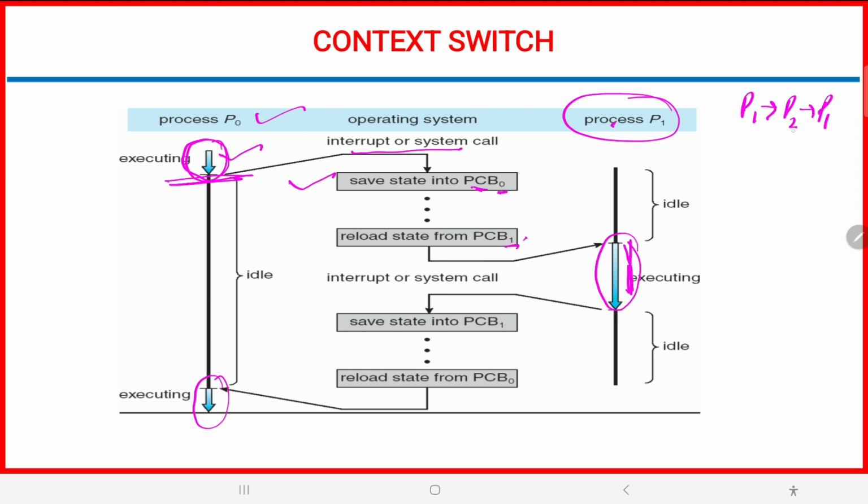Then again, suppose the control was transferred. That means we have to save the state of this process first. So we have saved the state of this process first. Then because P0 was to execute, we need to reload its state so that now CPU can work with P0. So if you see, during this phase, as well as during this phase, the context switch was going on, and during this phase CPU was idle. That is why we are saying that context switch is an overhead.